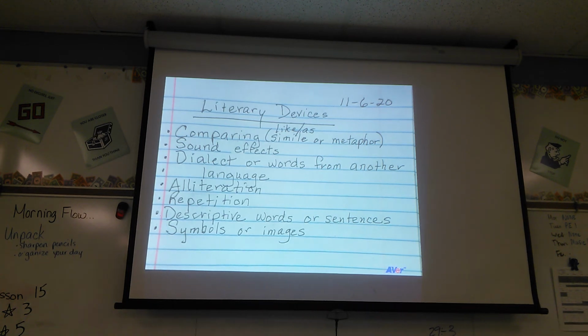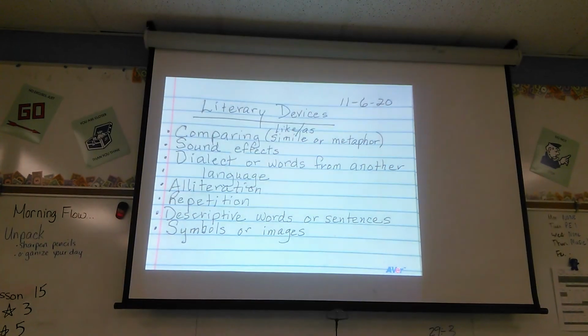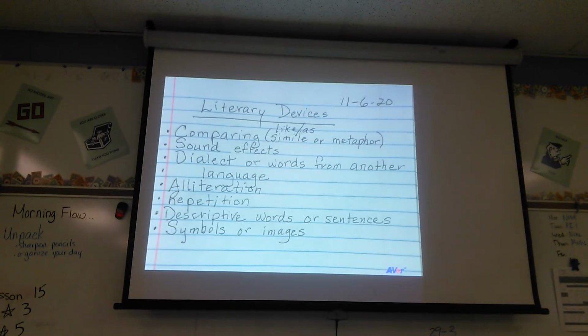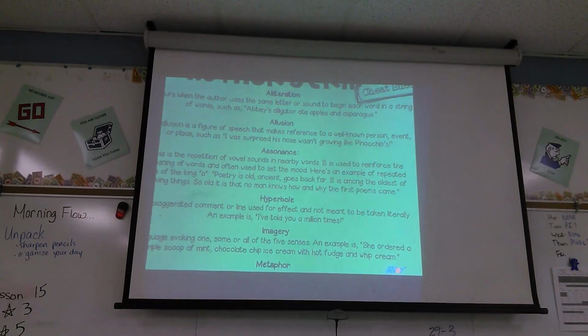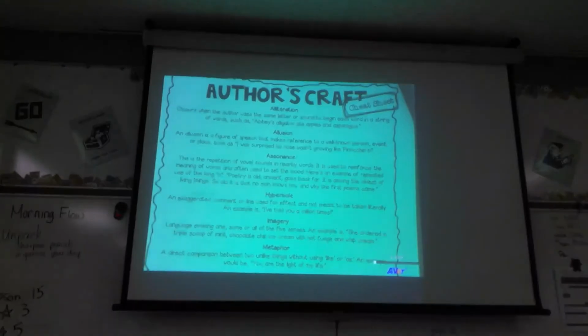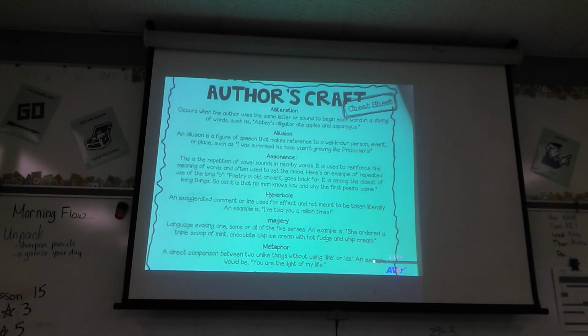All right, if you could go ahead and slip your green packet out of your binder, I want to point out a chart to you. This chart is available to you in your binder, and except for taking the FSA, whenever you're taking a test, you can access this chart.